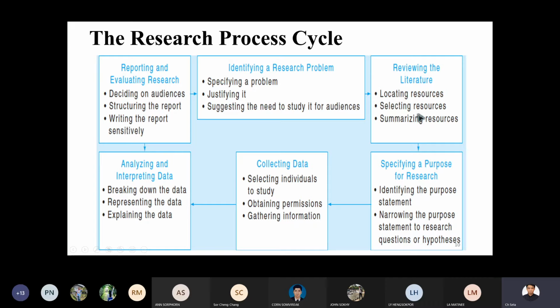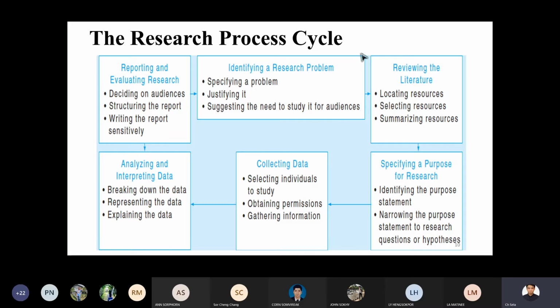Sometimes you know how to do it, but you cannot do it because you don't have any input to fill in. So for the literature review, you have to read a lot of books and journal articles related to your research topic or your research questions.